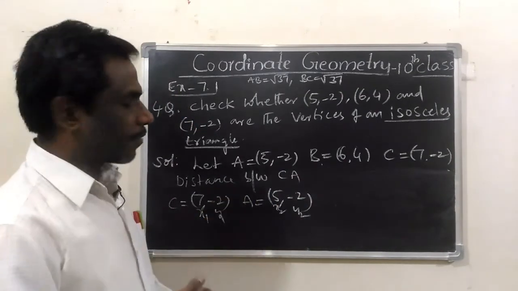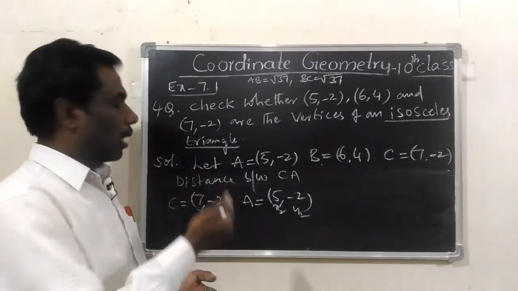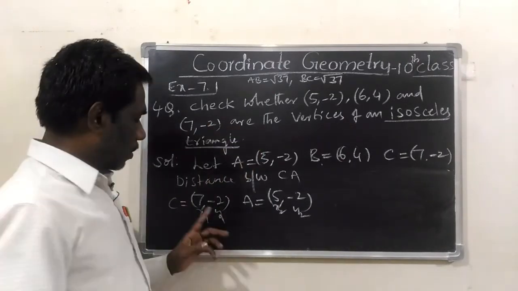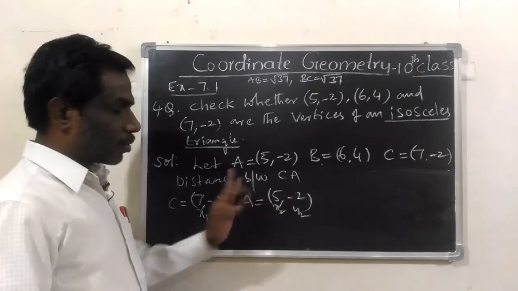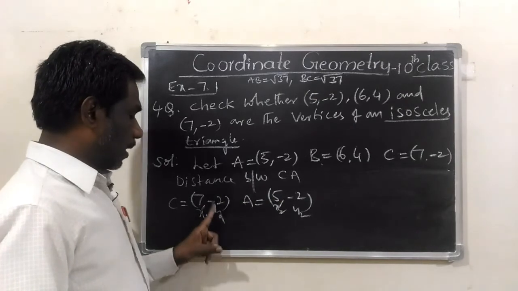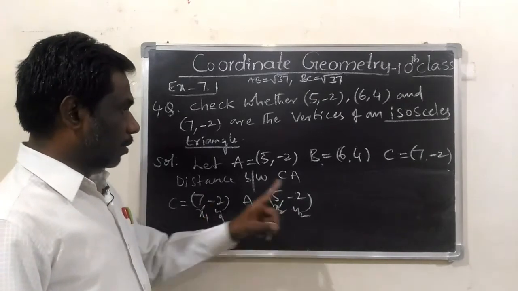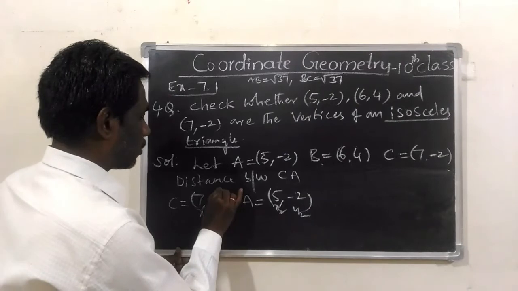Before we write the distance formula, check x1, x2 and y1, y2. x1 is 7, x2 is 5, so x1 and x2 are not equal, and y1 is -2, y2 is also -2. These two are equal.